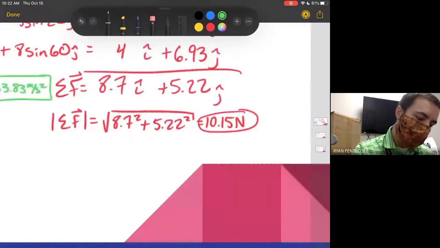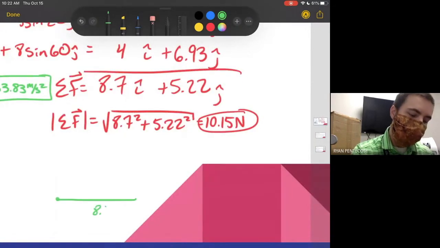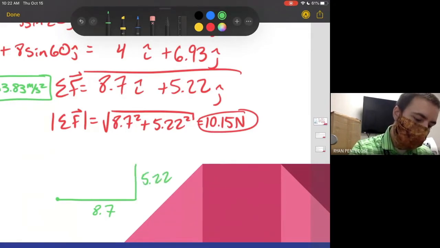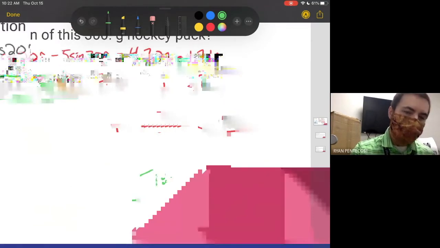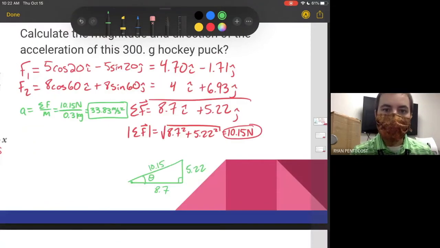So we start here, we've got 8.7 in the I direction. We've got 5.22 in the J direction. And we've got a hypotenuse of 10.15 at angle theta. Now, most common way to do this is to use tangent.